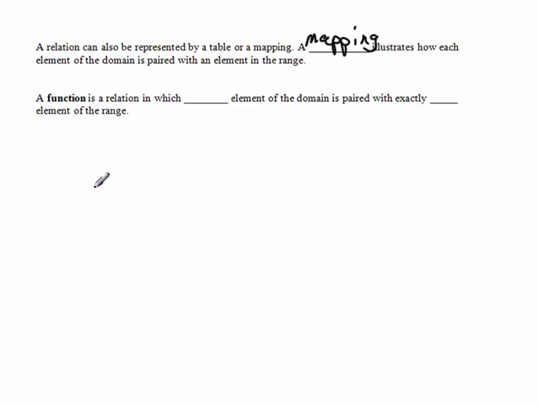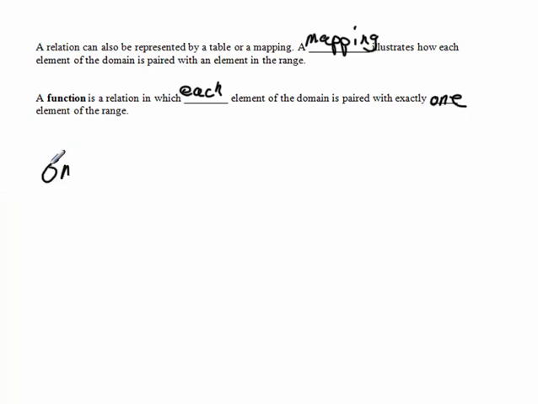Now, a function is a relation in which each element of the domain is paired with exactly one element of the range. Now, one way I like to think about functions is that you can't have 2 outputs for 1 input. Right?